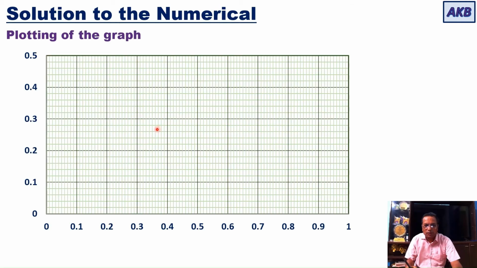Okay, so let us plot the graph. So on the x-axis, we will be plotting NX and NY, and on y-axis, we will be plotting X and Y. So we will be plotting NX versus X and NY versus Y. So the given data is now plotted and you get this curve.